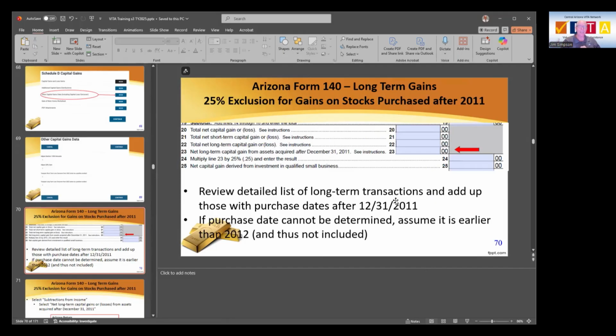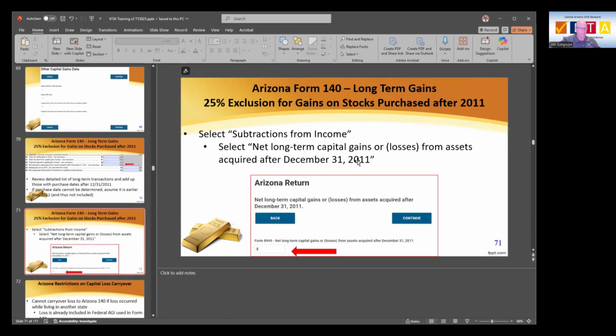The general reason for that is Arizona doesn't have two different tax rates like the federal government does, right? The federal government has regular tax rates and then capital gains rates. Arizona's got one tax rate, so this is their way of giving a benefit to capital gains. And if you're in another state, you should check and make sure what they're doing here.